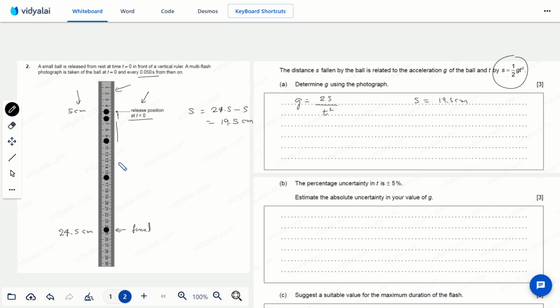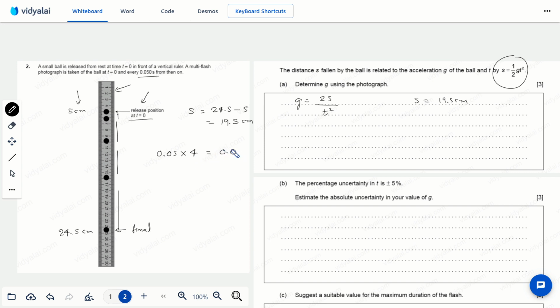So we have 4 such photographs, and the 4th photograph is my final position. So the total time that has elapsed when this ball falls from its initial position to its final position is given by 0.05 times 4.